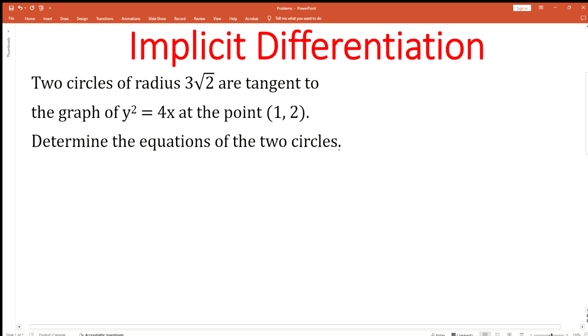As per the problem, the two circles are tangent to the graph of y squared equals 4x. y squared equals 4x represents a parabola that opens to the right side. The vertex of this parabola is at the origin, (0, 0). We can sketch this parabola like this.